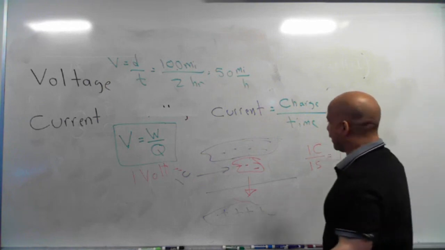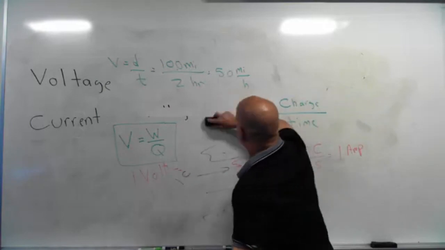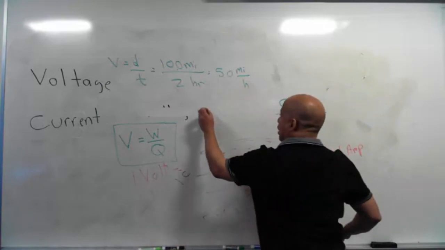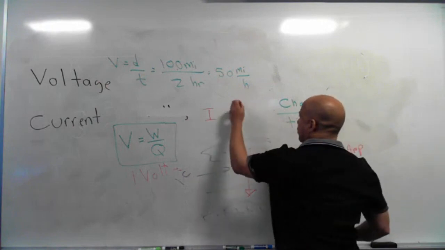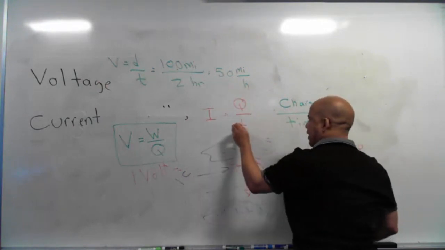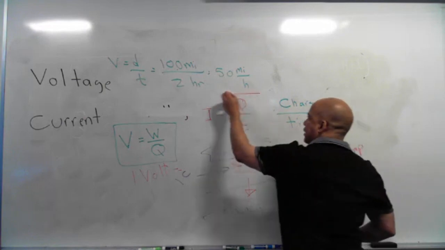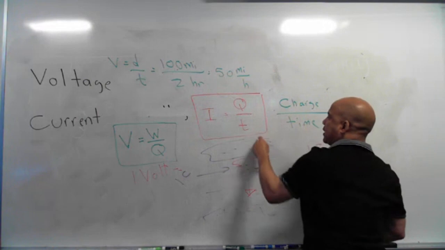So current, I can write it as current. Now, we don't use a C for current, we use an I. Current, I, equals charge, Q, divided by time, T. So here is an expression for current. Current is charge per unit of time.